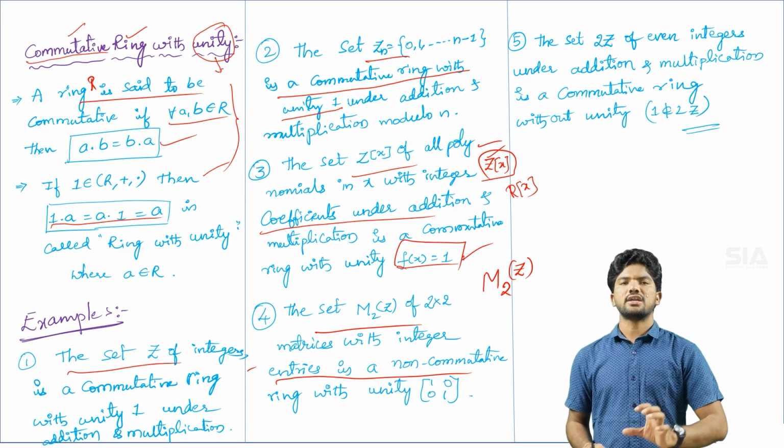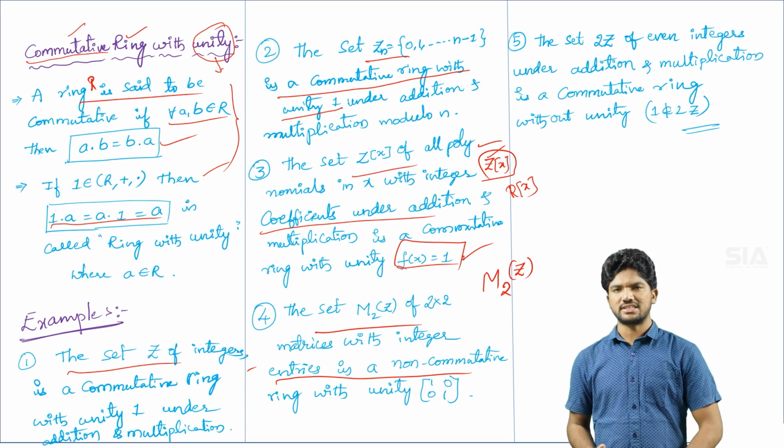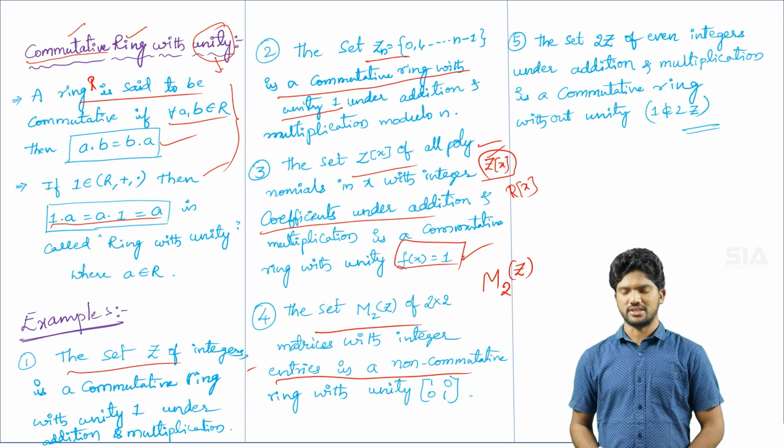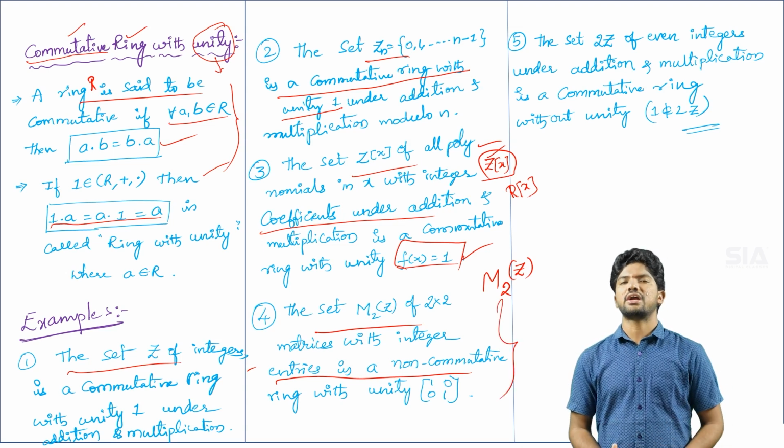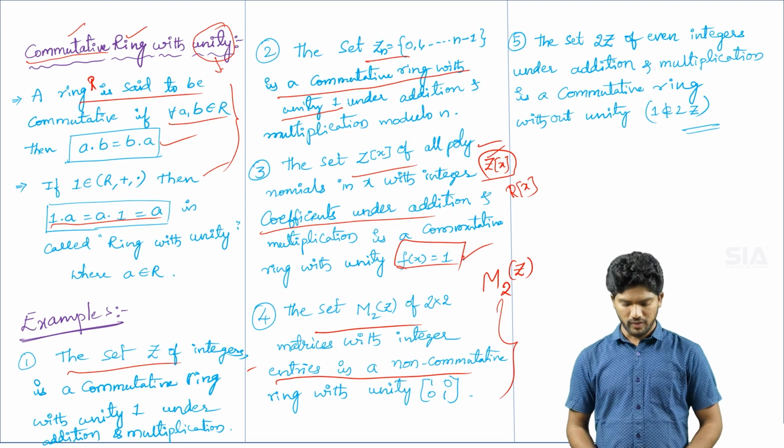It is a non-commutative ring, and you should give these types of examples in the examination too. So this is the non-commutative ring with unity. Why? Because 1 0 0 1 is the identity element in that set.